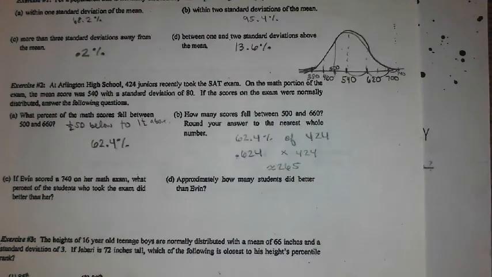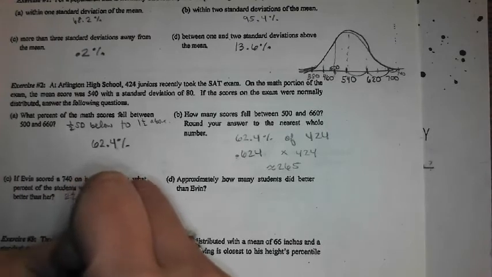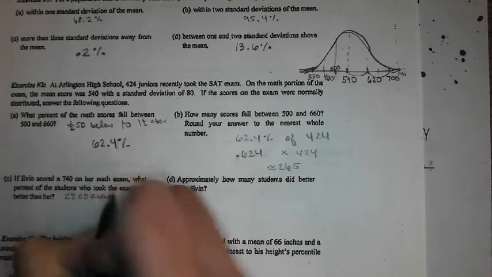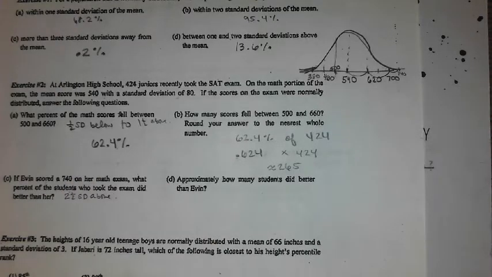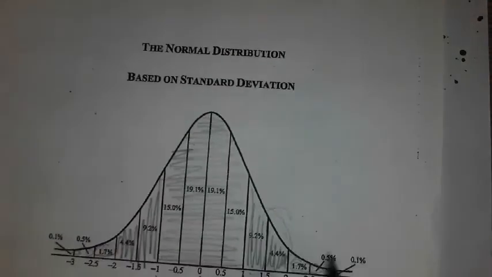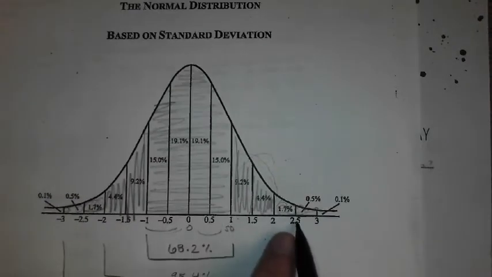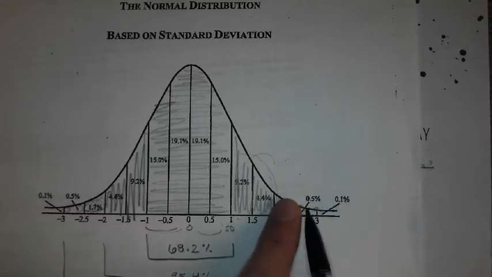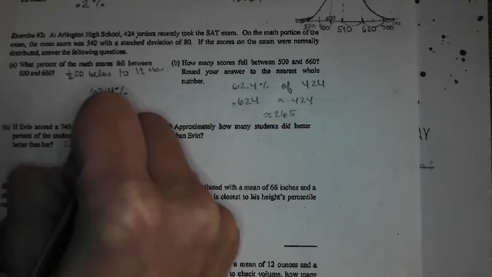She's 2.5 standard deviations above. So if I go to my chart, 2.5 is right here. This is where she scored. What percentage scored better than her? Add those up. 0.6%.